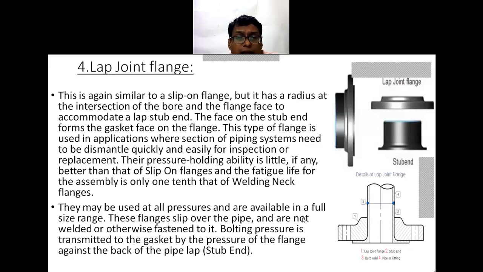Then they may be used at all pressures and are available in the full size ranges. These flanges slip over the pipe and are not welded or otherwise fastened to it. So bolting pressure is transmitted to the gasket by the pressure of the flange against the back of the pipe lap.